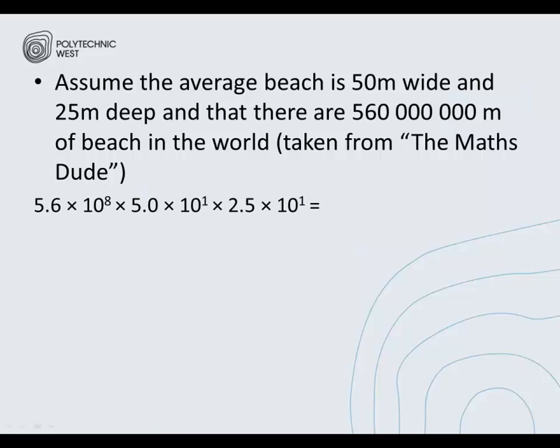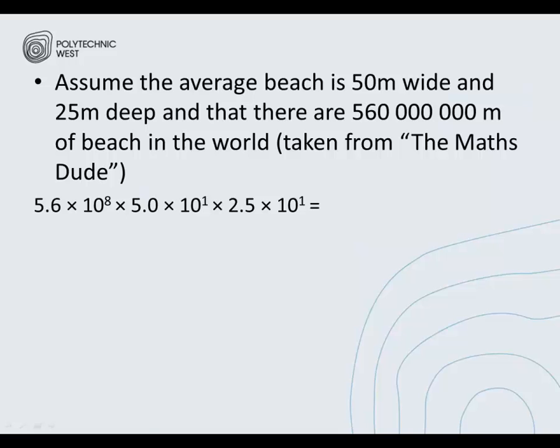If we assume that, then to work out the number of grains of sand, we first need to find how many cubic metres of beach there are. So we take 560 million, which is 5.6 times 10 to the 8, and multiply that by 5 times 10 to the 1, which is the 50 metres, times 2.5 times 10 to the 1, which is the 25 metres.